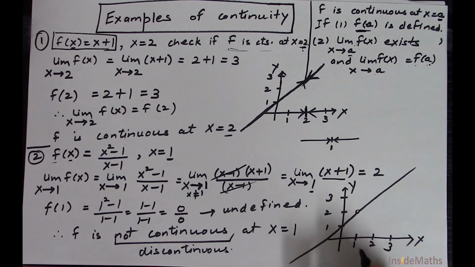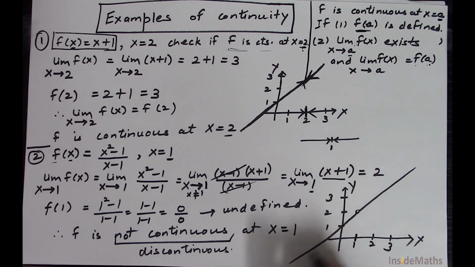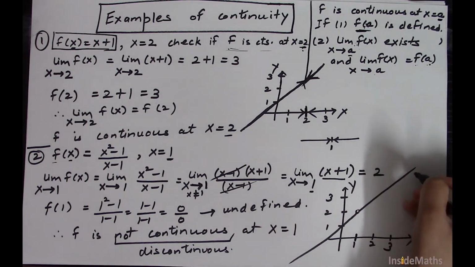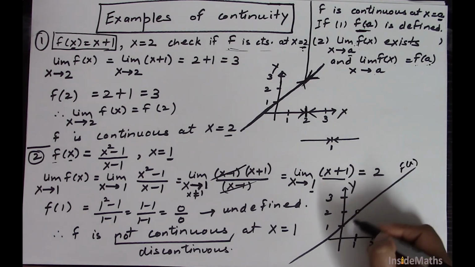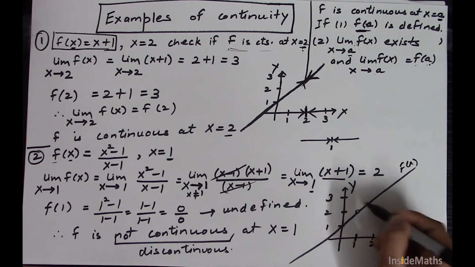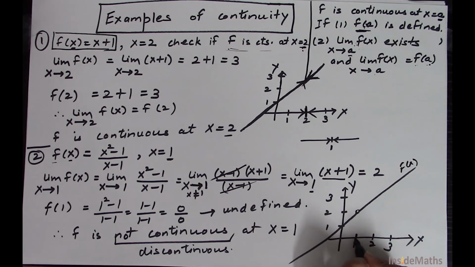Here we see this function has a little hole on this line. So this is f of x. That means this function is not continuous, if I say it graphically, at the point A.